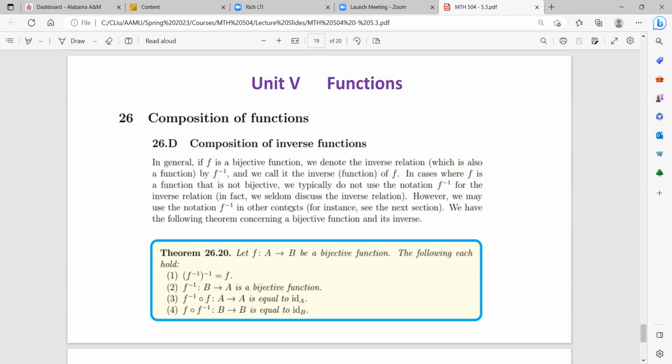All right, so this f inverse notation, although you can write it for a general relation, for any function f, although it may not be a function, usually when you write f inverse, that indicates it is a function. Okay, although sometimes we do have some exceptions.